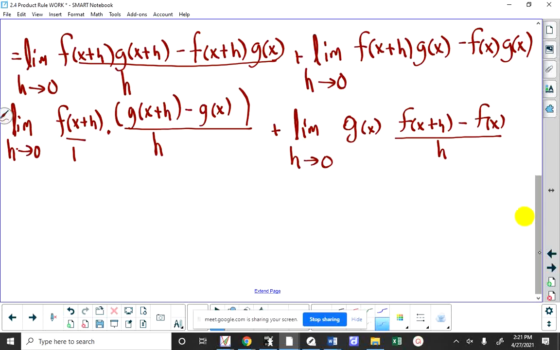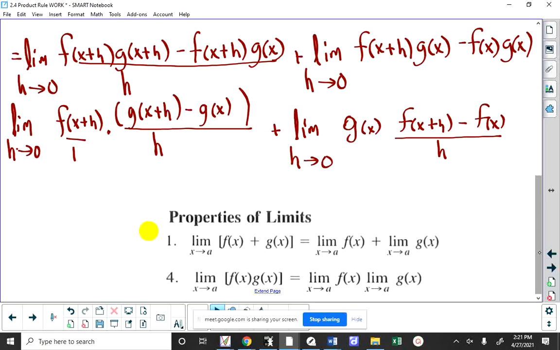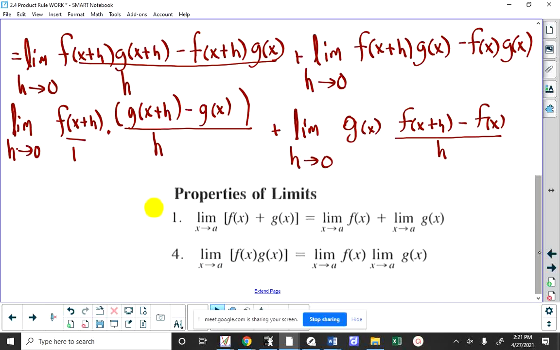Now, another property of limits that we learned is that, and I probably have them both highlighted here, the limit of a sum is the sum of the limits, but also the limit of a product is the product of the limits.